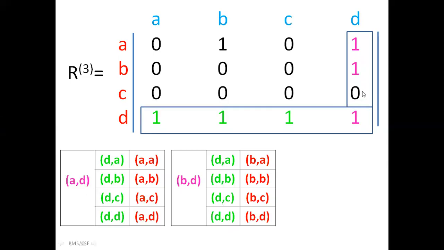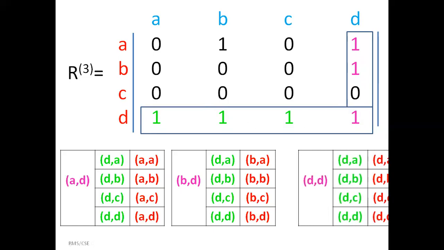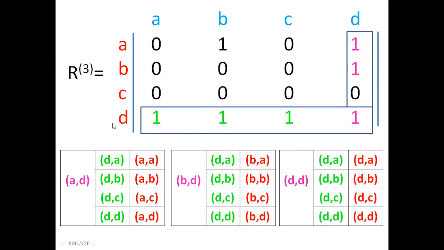Next I have one more one in the last column, that is this one. What is the position of this one? It is D comma D. D through D column. Again combining this with the ones available in the fourth row, combine DD with DA, DB, DC, DD.